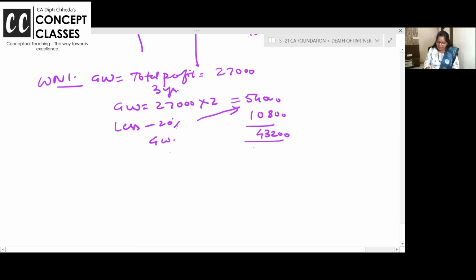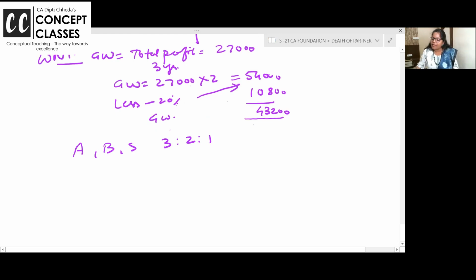But in the gaining ratio, so we will calculate the gaining ratio. Have they given the old ratio of A, B and S? What is the ratio? 3:2:1. After B is going, have they given the new ratio? No. So A and S will share it in the ratio of 3:1.